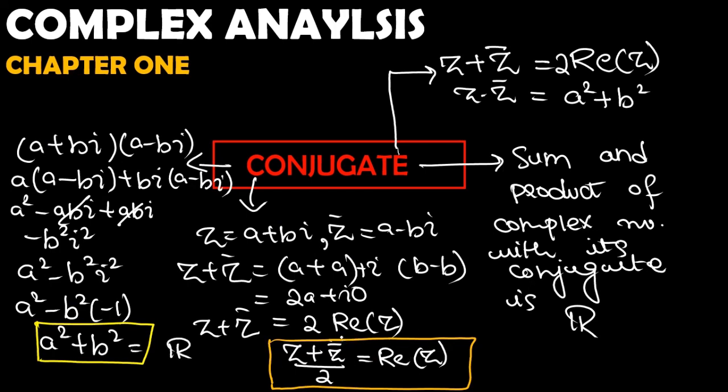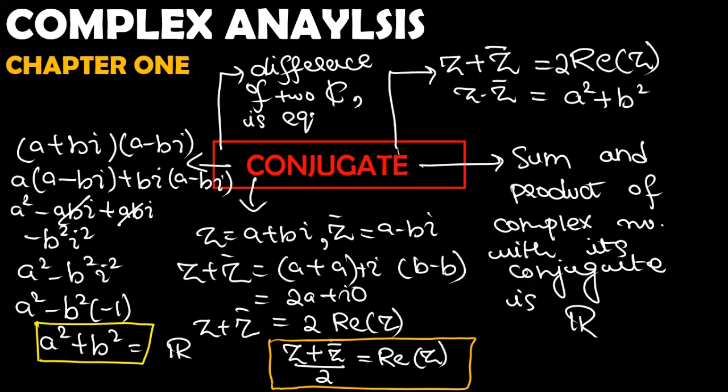Very interesting. And similar to that result, you can also write this fact in your notebooks that the difference of a complex number and its conjugate is related to the imaginary part of z.